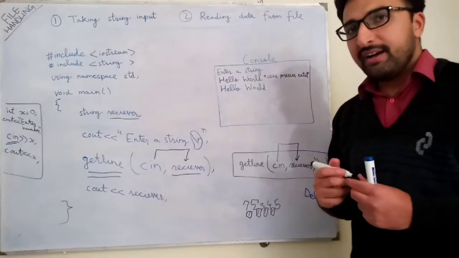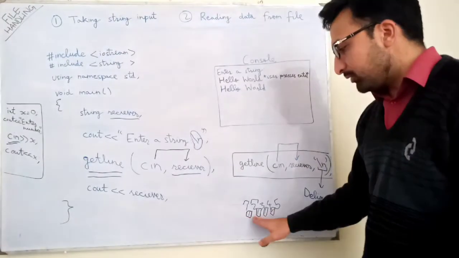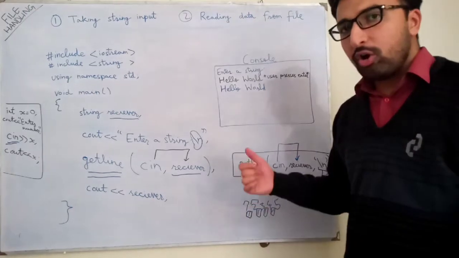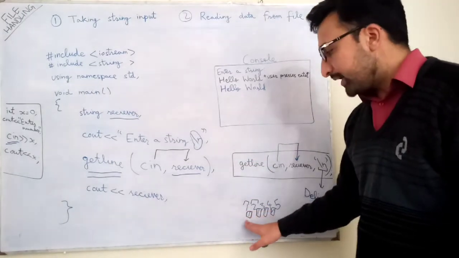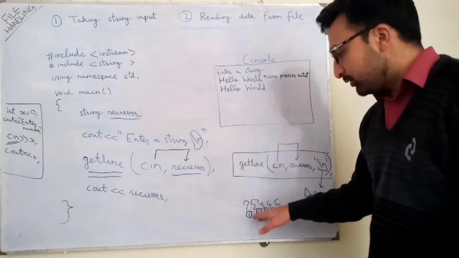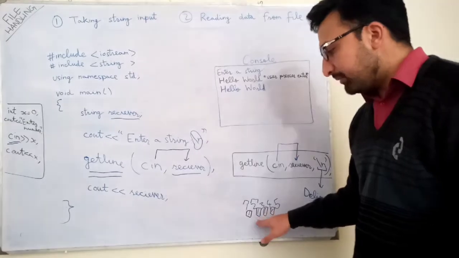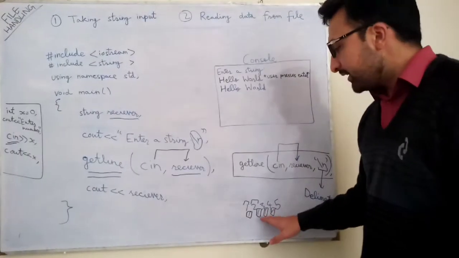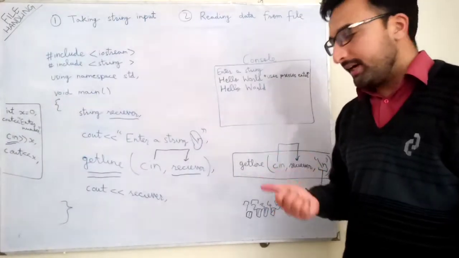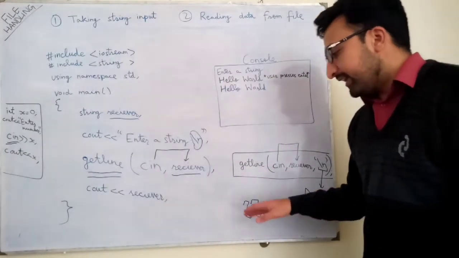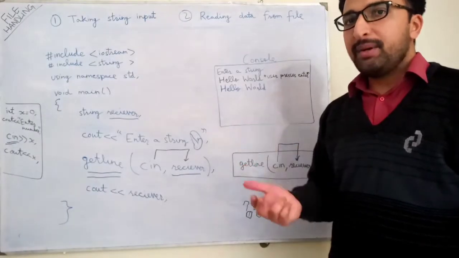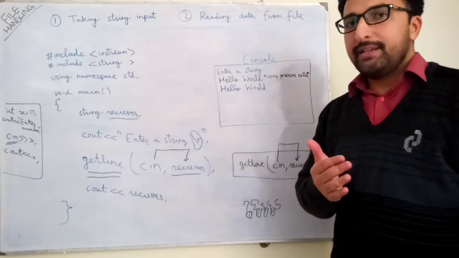One unit of data is this number, the other unit of data is this number. So this delimiter, that is the comma character in this case, separates one unit of data from another. Similarly, 2 and 3 are separated by another comma, and 3 and 4 are separated from each other by a delimiter named comma.